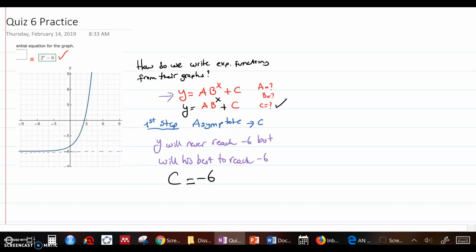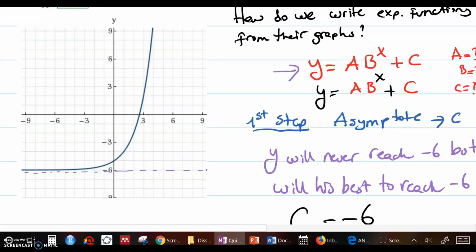Then for the second step, I will use a y-intercept point, not an ordinary point. That part is important. I will go ahead and figure out where the y-intercept is and I will use it. So the y-intercept is here.